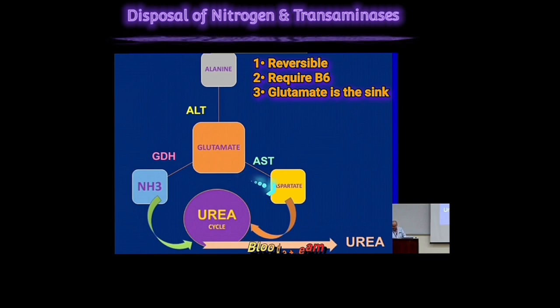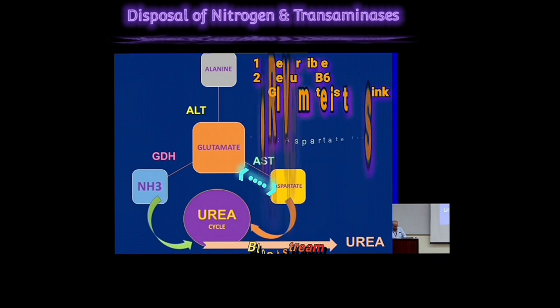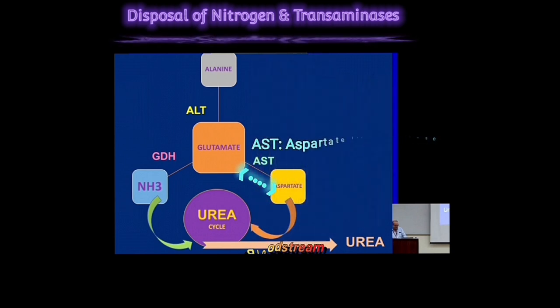Then you have AST. AST is going to take some of that nitrogen you collected in glutamate, give it to oxaloacetate to form aspartate. Okay? And finally, you can produce ammonia directly from some of that glutamate you collected by glutamate dehydrogenase.